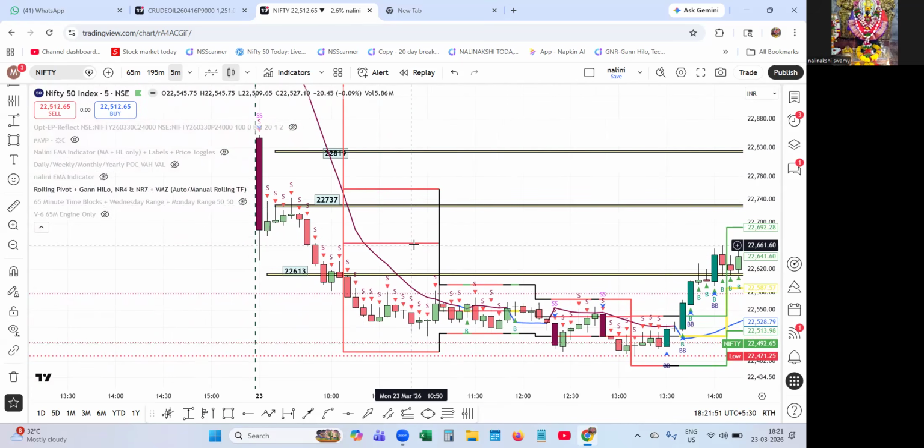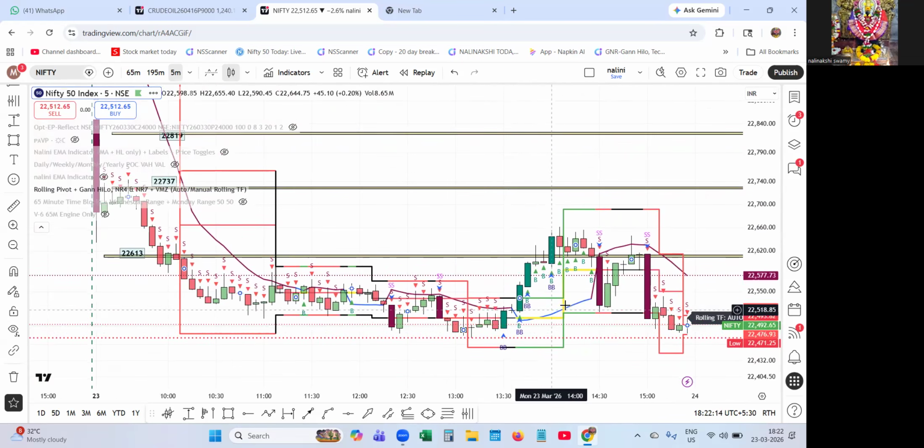Second 15 minutes, after 1 hour, one more box is formed. See, the market has already finished 10:25. It is below the pivot, so you can comfortably be in the put option. You need not go here.